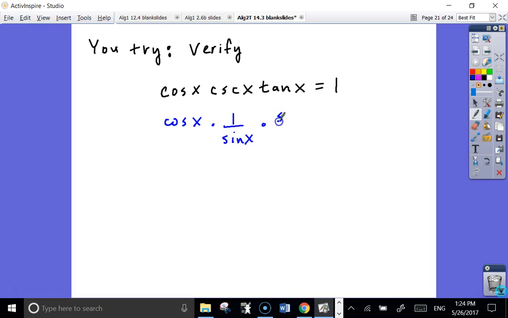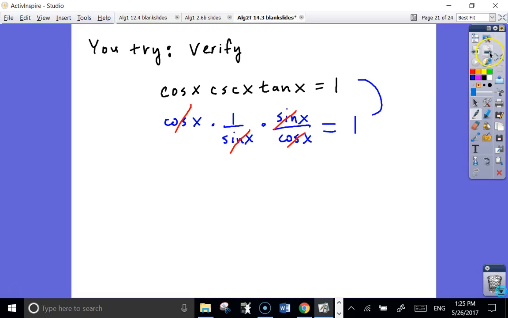Tangent is sine over the cosine. And so we cancel. The sine cancels sine. Cosine equals cosine. The whole thing equals 1. So there we go. We just made the left side look like the right side.